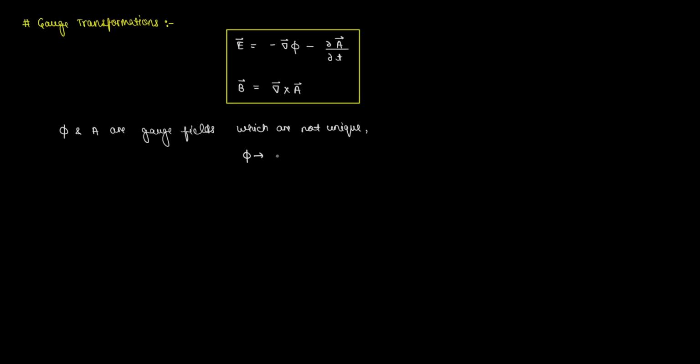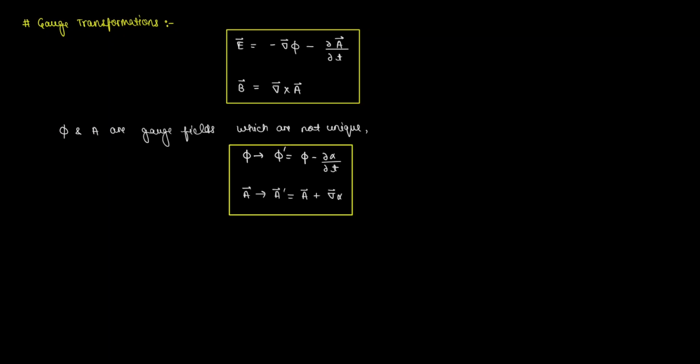If you transform the scalar potential as phi minus del alpha by del t, and if you transform vector potential as A plus gradient of alpha, then under this transformation, the electromagnetic fields will be unchanged, and the different choices of alpha is known as gauge.